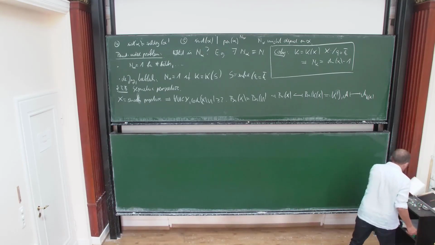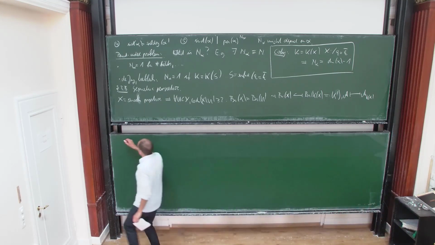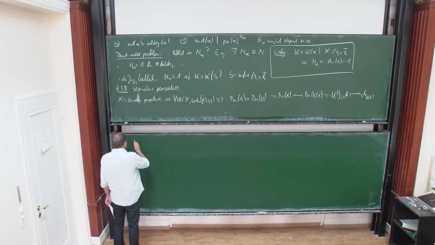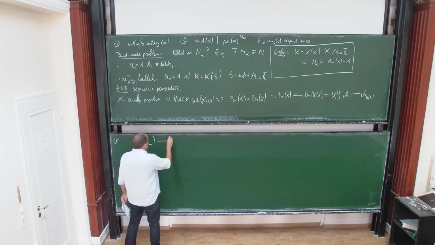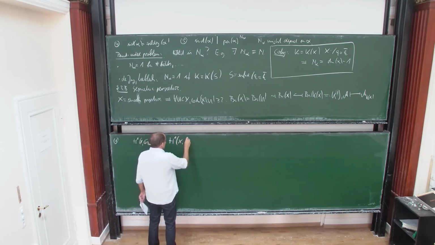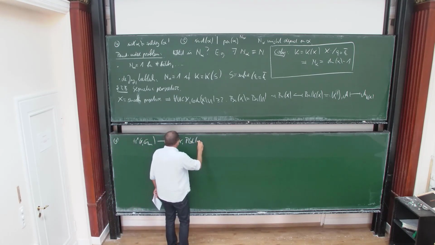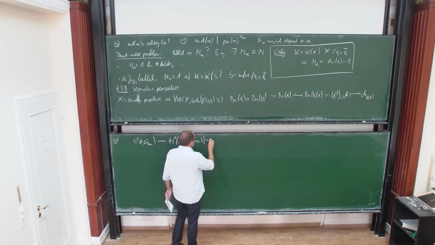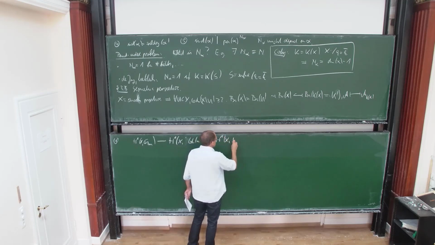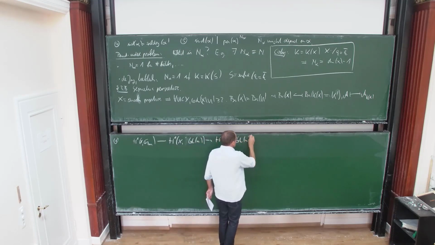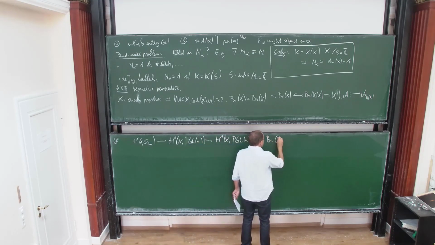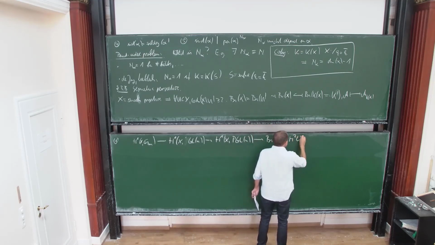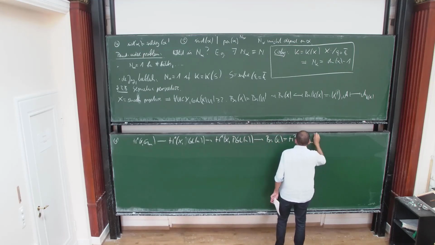Okay, so for this, I'll go back to 1. We remind you of our big diagram. So we have the cohomology sequence here, and we go to H^1(X, PGL), and then we go to the Brauer group of X, which is H^2 of G_m.